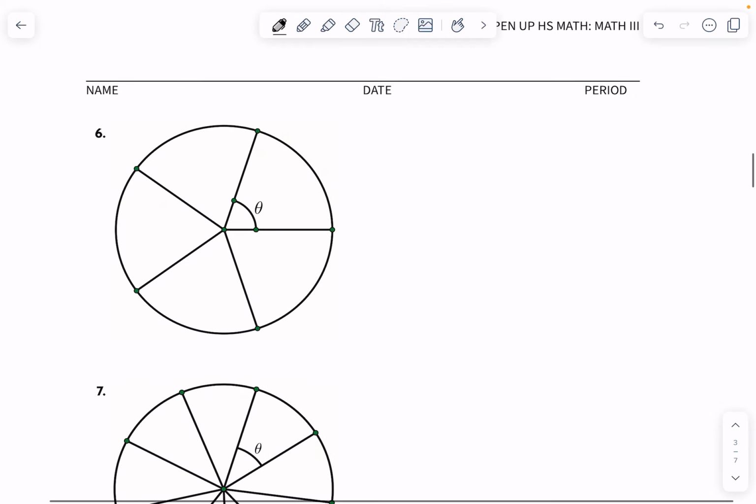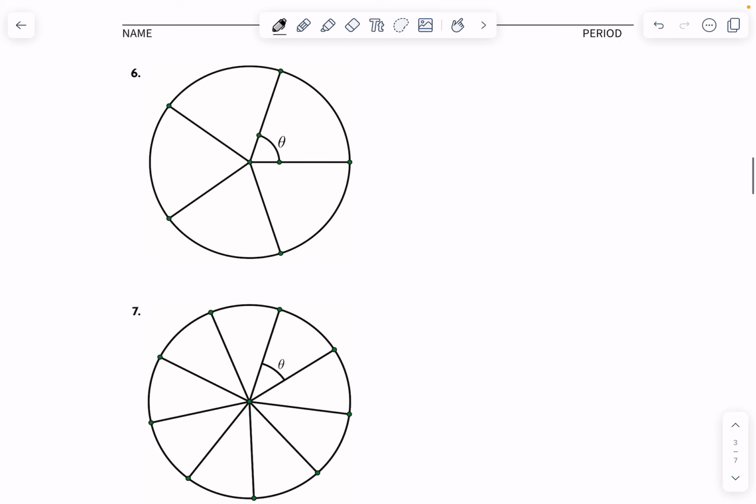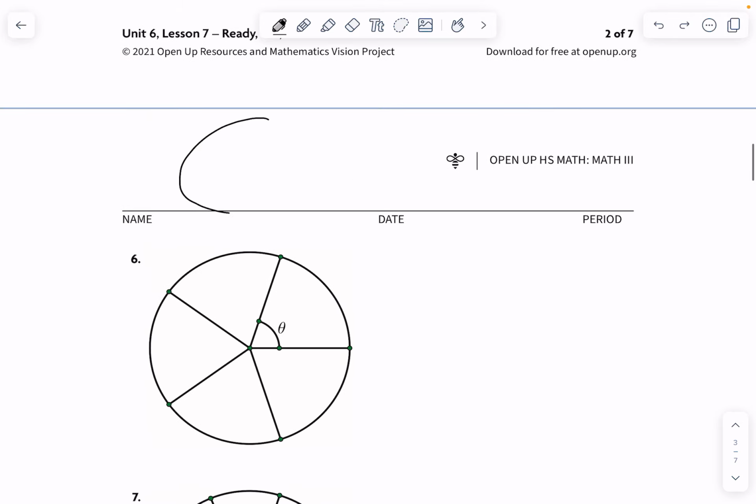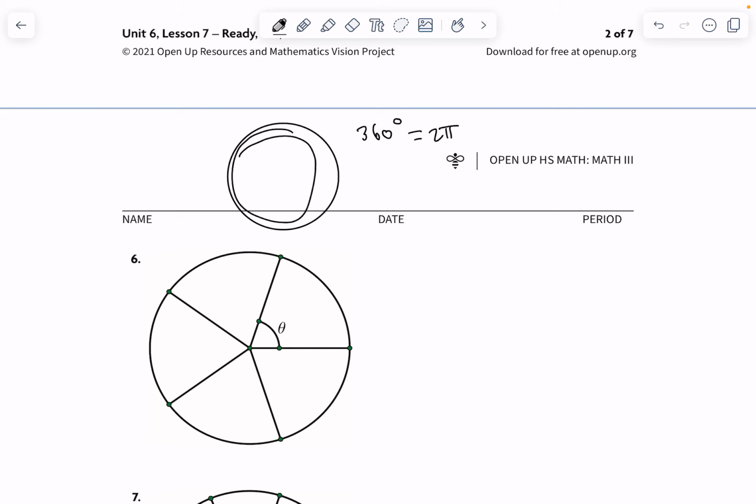So I think an important key point is that one entire circle is 360 degrees, which is equal to 2 pi, right? One entire revolution.